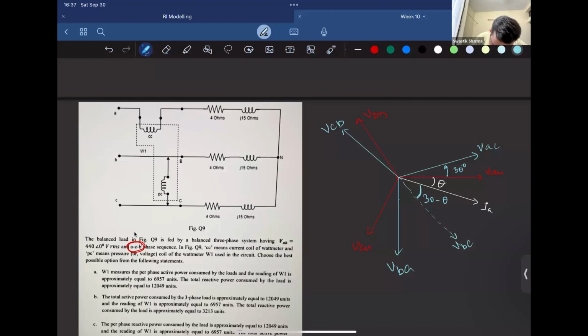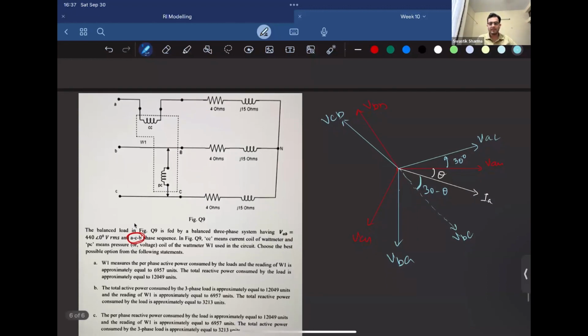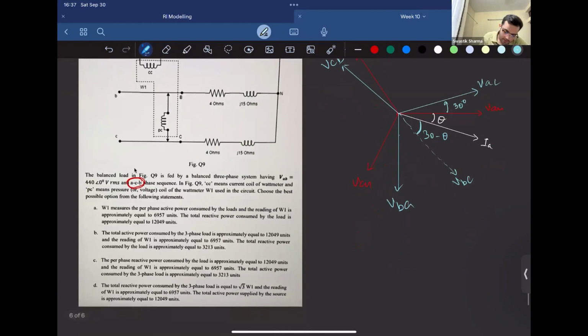The difference between these two would be 30 minus theta degrees.